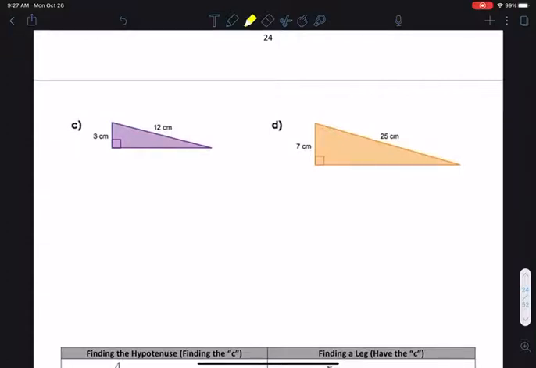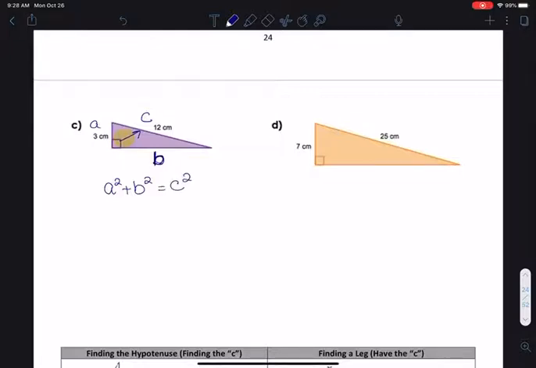This time I'm going to take my right angle, and remember I'm labeling the side opposite with a C. And then the other two, the legs, get A and B. So this time I'm going to be solving for B. So B is what I'm looking for. So I'm going to start with A squared plus B squared equals C squared.